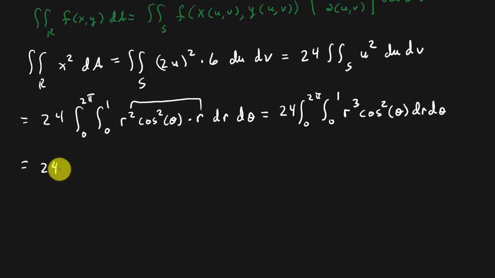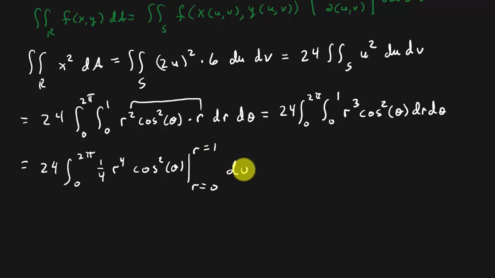And so that's going to be 24 from 0 to 2 pi of 1/4 r to the 4th cosine squared theta, and r is going from 0 to 1, d theta. We're integrating this with respect to r. The cosine squared theta is considered a constant. And so this is equal to 6 times the integral from 0 to 2 pi.